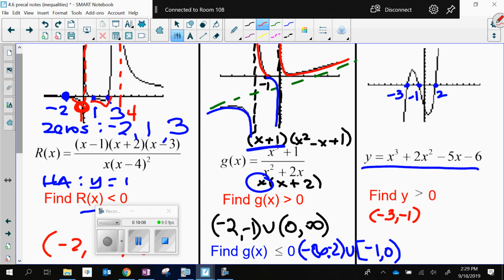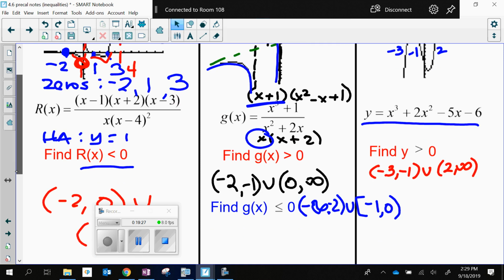So she's talking about this guy. Okay. She's talking about this. Okay, nothing's included because, first of all, it's a polynomial, and it's not less than. Good job.